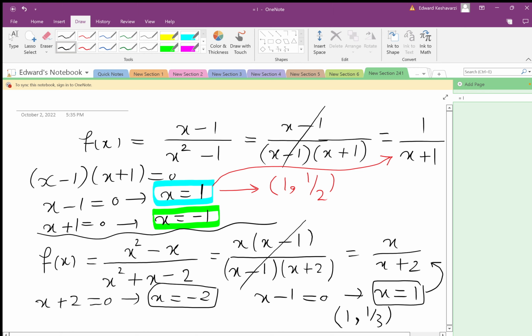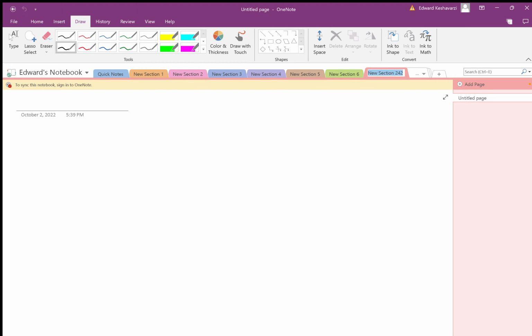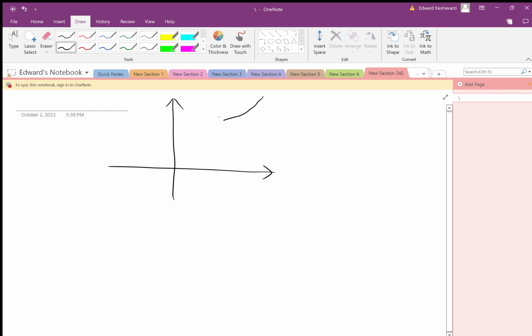So other than removable discontinuities and vertical asymptotes, we have another type of discontinuities, which is called jump discontinuity. So look at this function. So here is 2, here is 1, here is 3. So left limit at 2 equals 1, and the right limit at 2 equals 3.